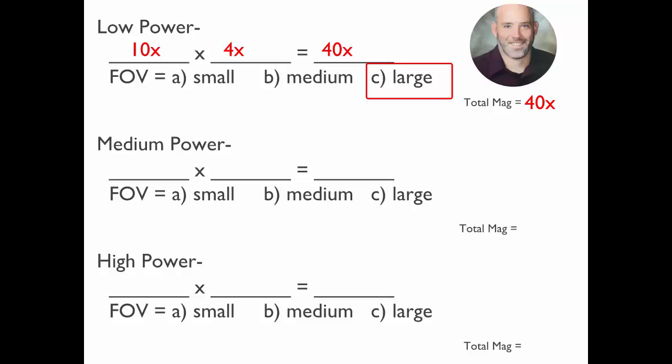Let's say I then switch to medium power to view this strange creature. I still have a 10x eyepiece, but now I have the 10x objective lens. What is my total magnification? 100x. Thank you. Giving me what kind of field of view? A medium.